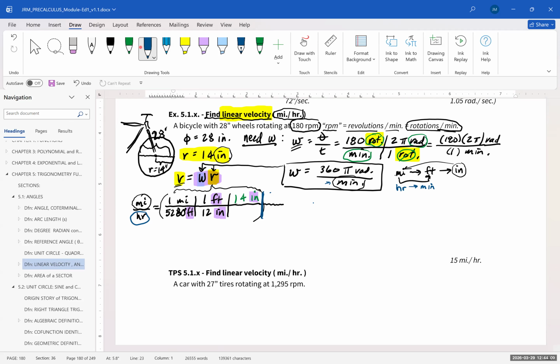Okay, so we've got, I just lost my train of thought. I'm sorry. So hours per minute. Okay, so we want hours to be in the denominator. So we've got 1 hour is equal to 60 minutes.